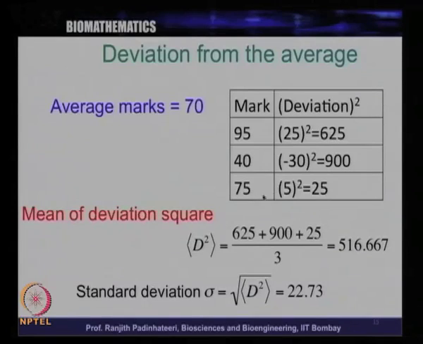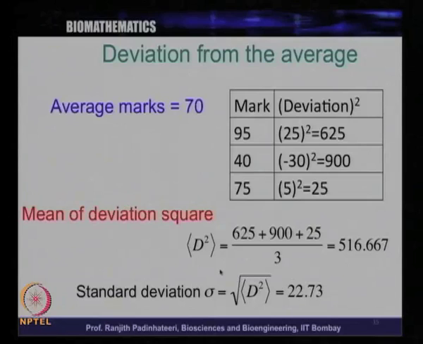And for 75 and 70, the difference is 5, square is 25. So the sum is 625 plus 900 plus 25, divided by 3 is 516. 516 is very close to 25 squared, since 625 is the square of 25. So the square root of the d square average is 22.73.